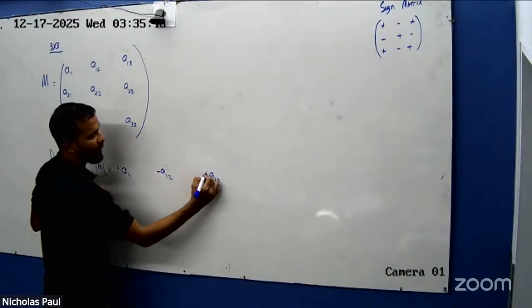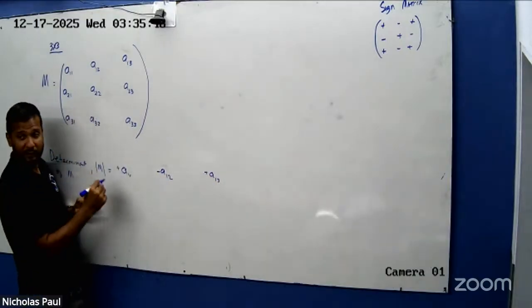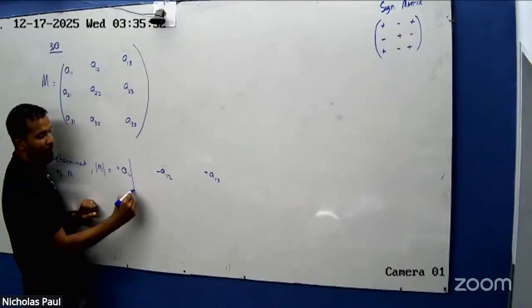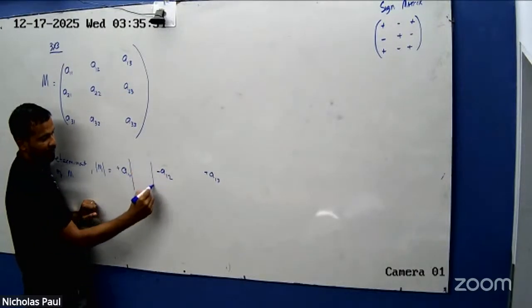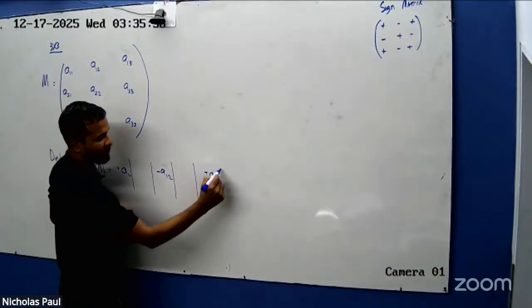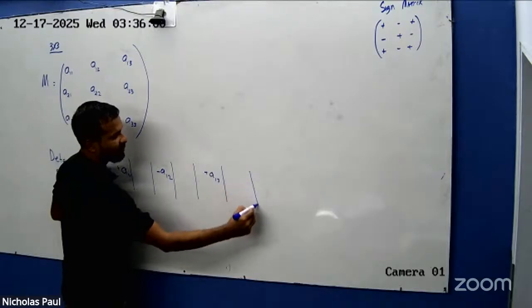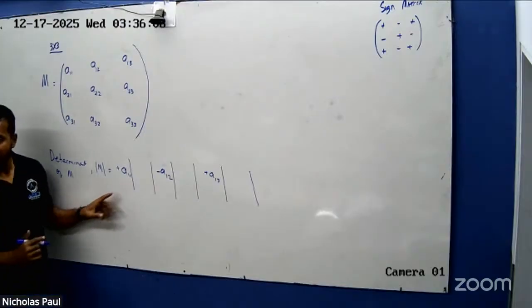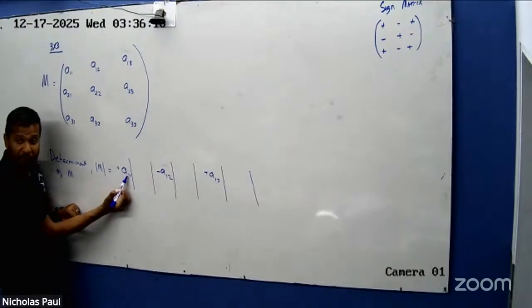Now for the tricky part. Each one of these values has something called a minor. We have to learn to find that minor. To find the minor of A11, you cancel everything in the row A11 belongs to and the column it belongs to.